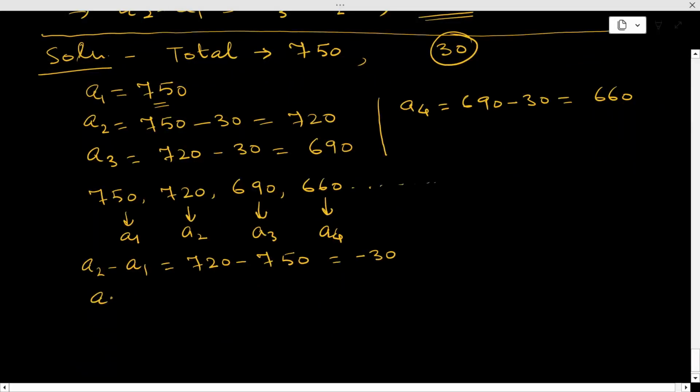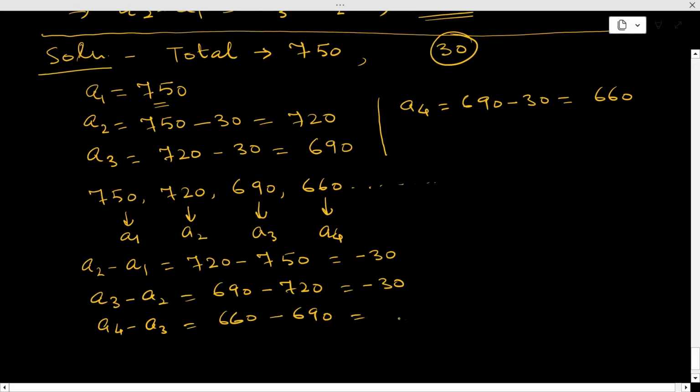Then we are having A3 minus A2, so that will be 690 minus 720, so this is minus 30. Next we are having A4 minus A3, so that is 660 minus 690, so this is again coming out as minus 30, and so on.